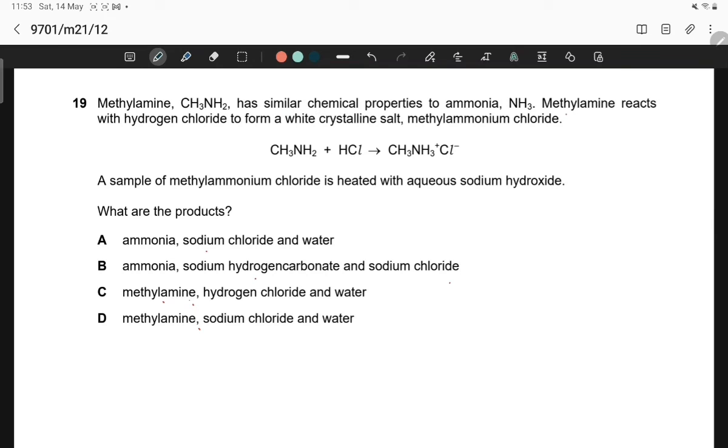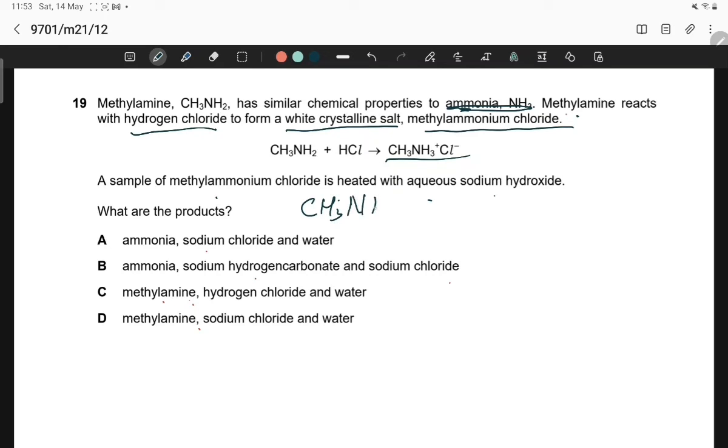Methylamine has similar chemical properties to ammonia. Methylamine reacts with hydrogen chloride to form a white crystalline salt, methylammonium chloride. A sample of methylammonium chloride is heated with aqueous sodium hydroxide. What are the products?